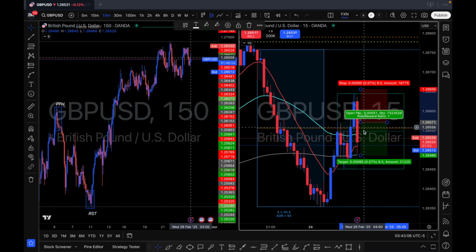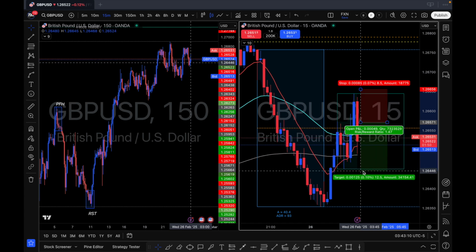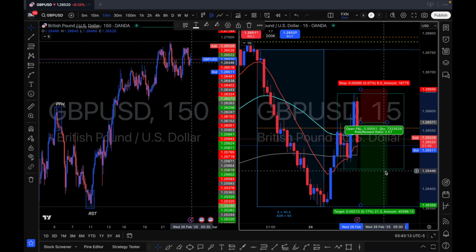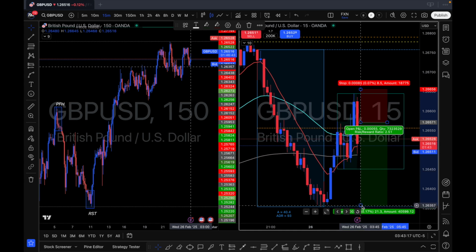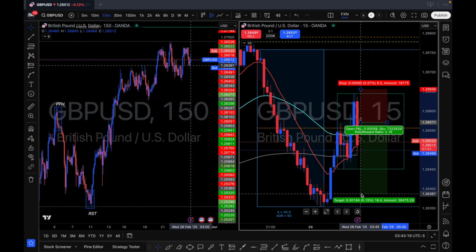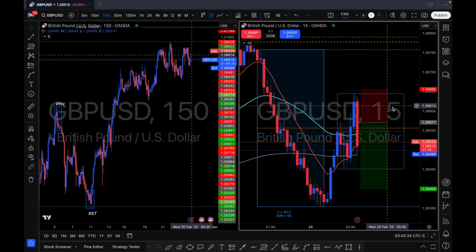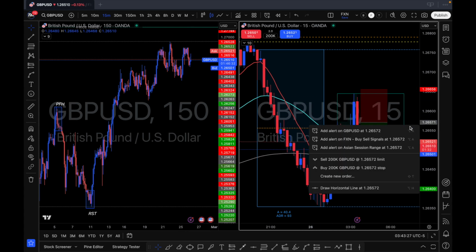The only way I can think of getting into a trade like this, honestly, would be a limit order. So once this candle is over, I'm going to see how much room we have left for a possible limit order.